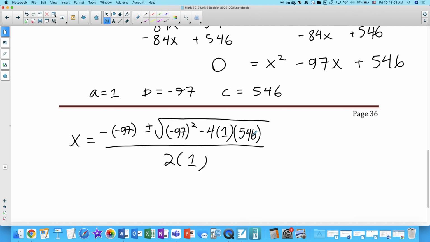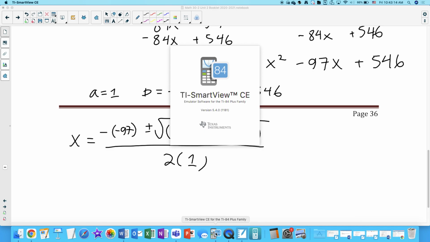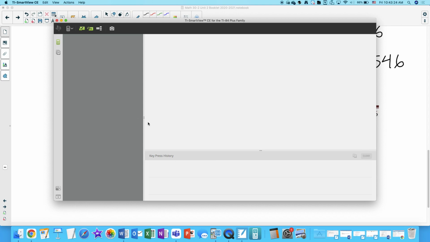Okay? And when I'm evaluating these personally, I do the piece inside the radical first, the b squared minus 4ac. That's called the discriminant. If you remember from 20-1 and 20-2, it tells you how many solutions you have, actually. Okay. So you guys can do this too so that you can make sure I'm not making any mistakes.